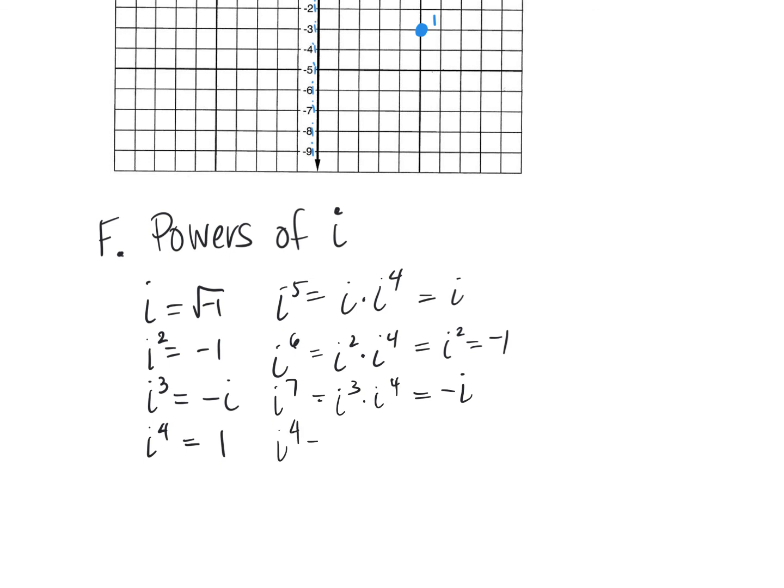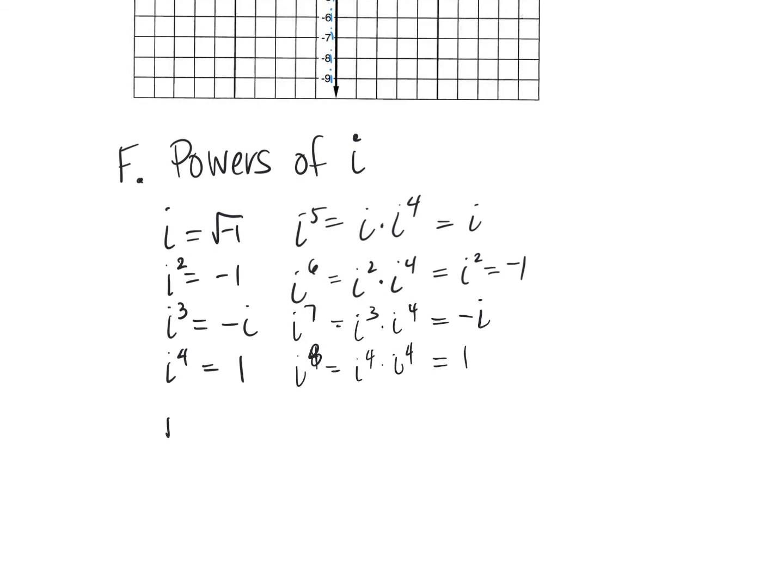And i to the 8th is i to the 4th times i to the 4th, which is 1 times 1, 1. So this repeats in a cycle of 4. It repeats every 4 powers.